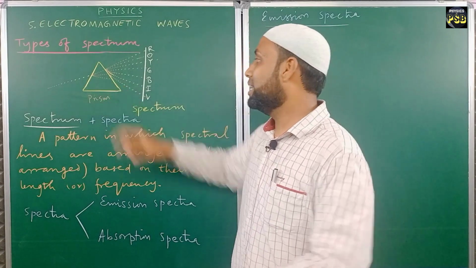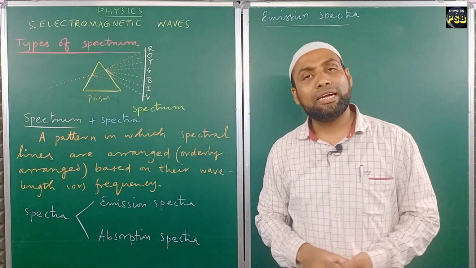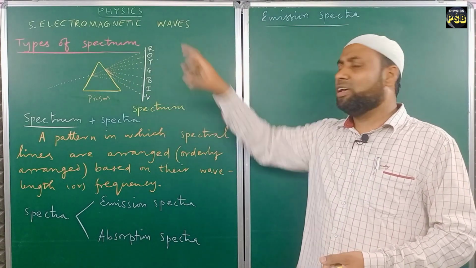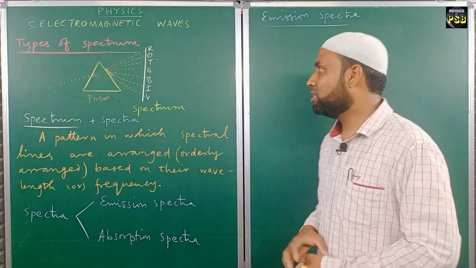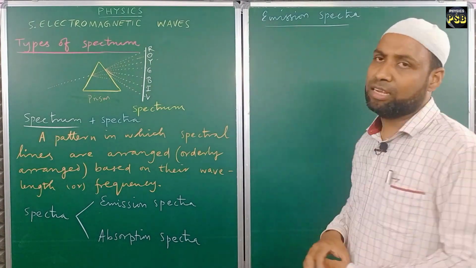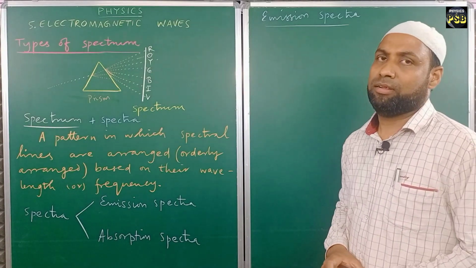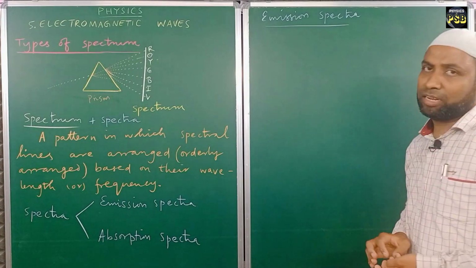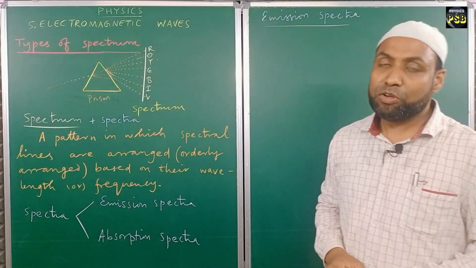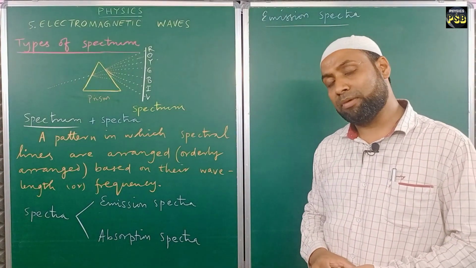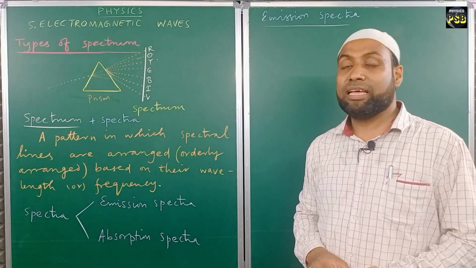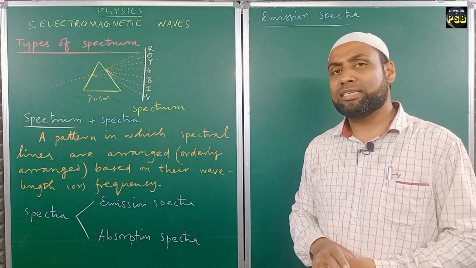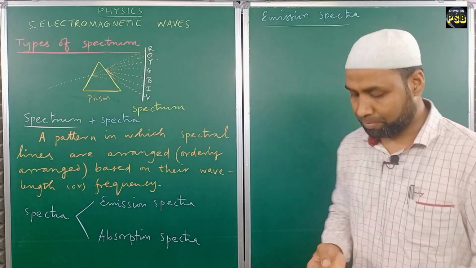As a result, it splits into its constituent colors. This way, the pattern that you obtain is the emission spectra. Clear? So here it is classified into three as continuous emission spectrum, line emission spectrum, and band emission spectrum. We'll discuss these one by one.